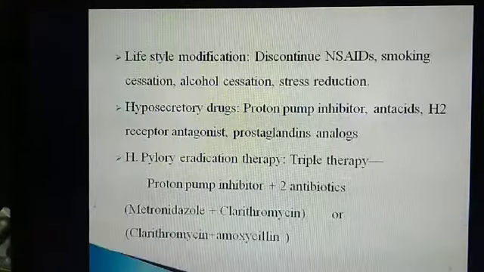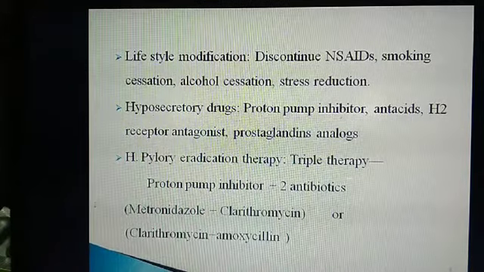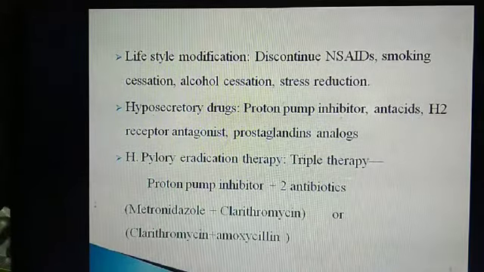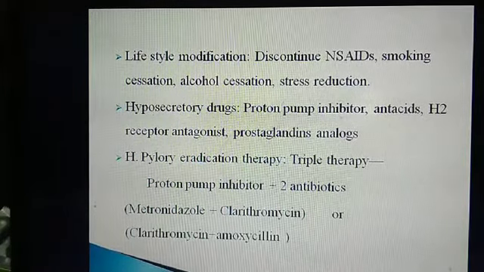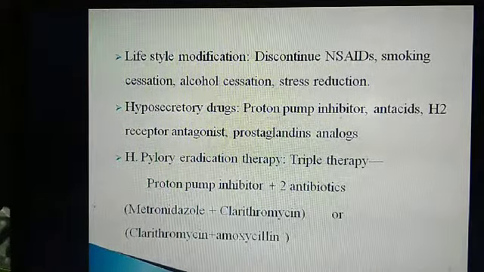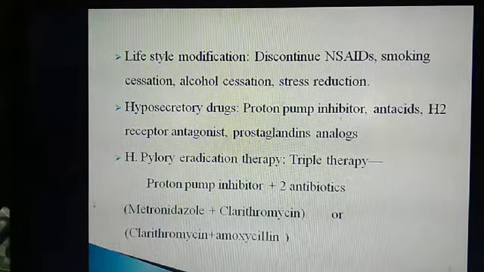In lifestyle modification we can discontinue the NSAIDs, like diclofenac sodium, which are very dangerous for our stomach.